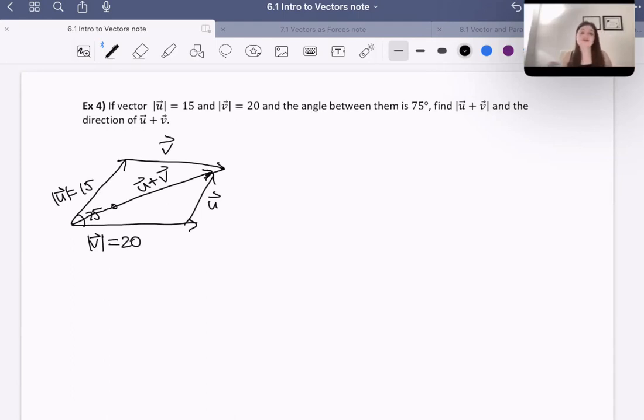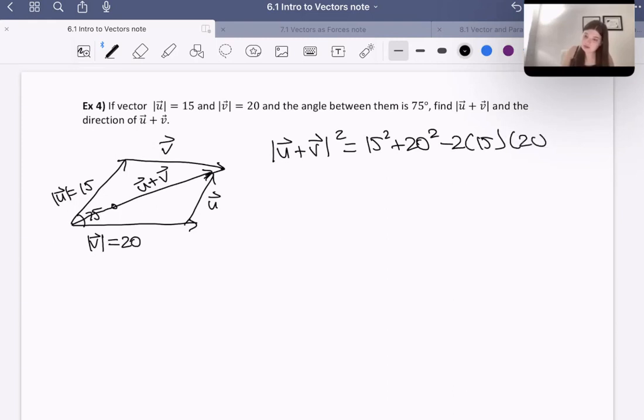And so based on that information, we can say, well, therefore, the magnitude of u plus v squared would have to be equal to 15 squared plus 20 squared minus 2 times 15 times 20 cosine of 105 degrees, right?